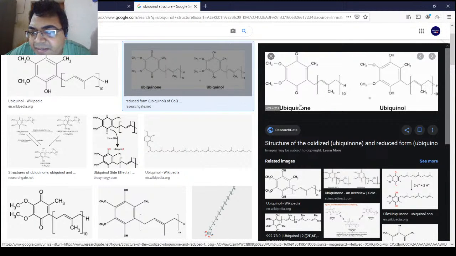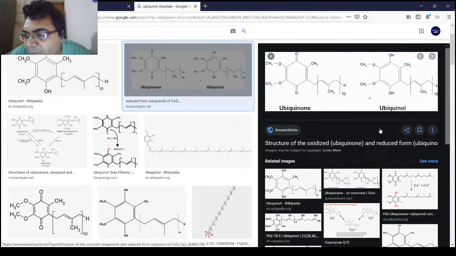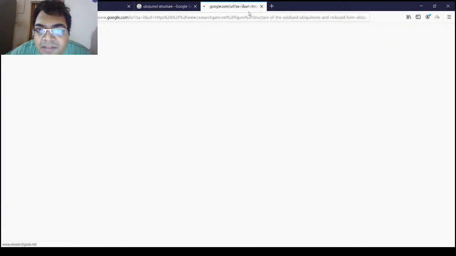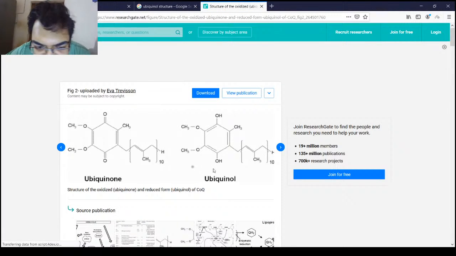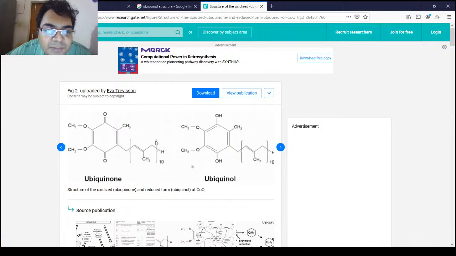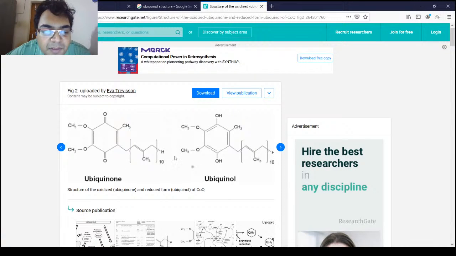This is the oxidized one, this is the reduced one. That is a zoomed-in structure. The next specificities of the Krebs cycle we'll discuss in the next biotechnology class.